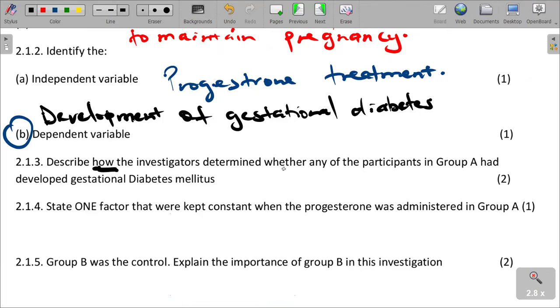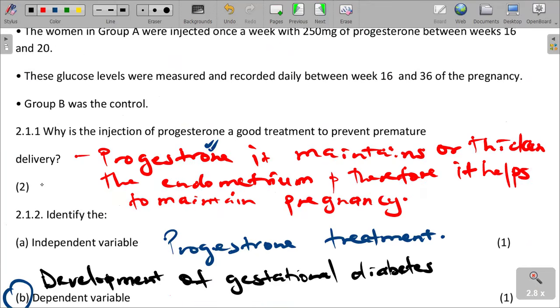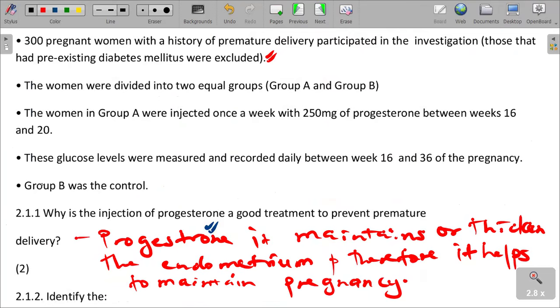We see that the women in Group A were injected once a week. Their glucose levels were measured and recorded. The glucose levels were taken daily. That is one way. Glucose levels were measured and recorded daily.